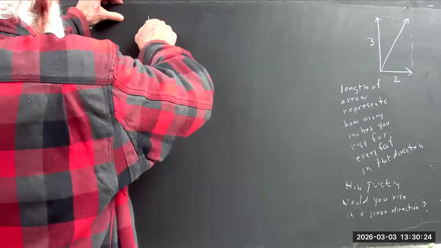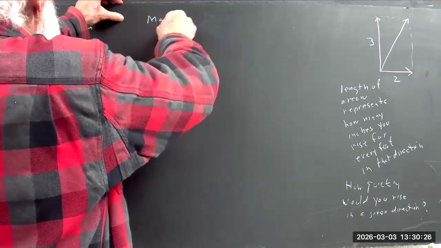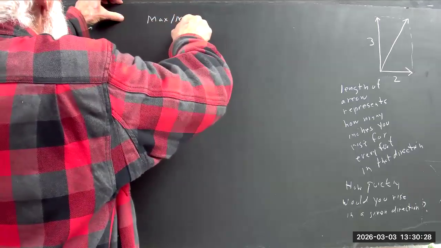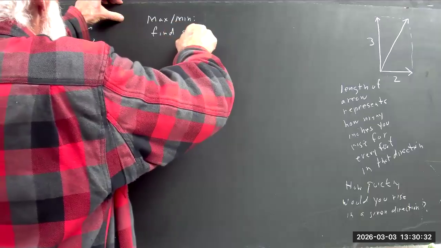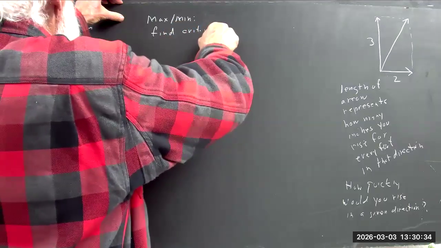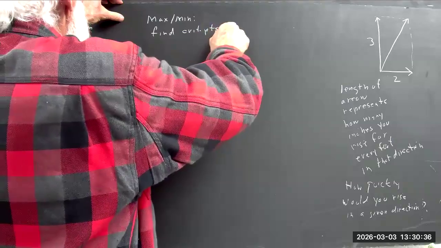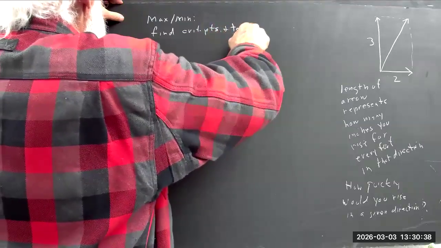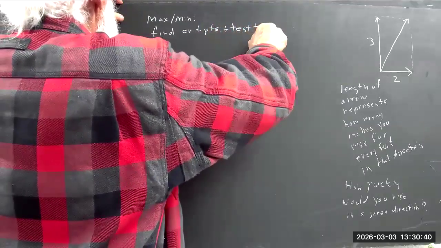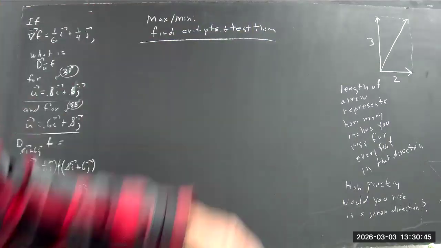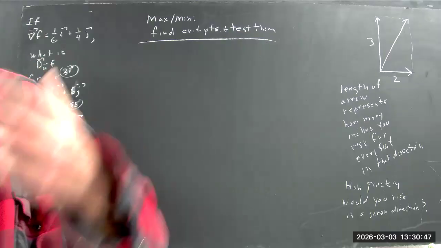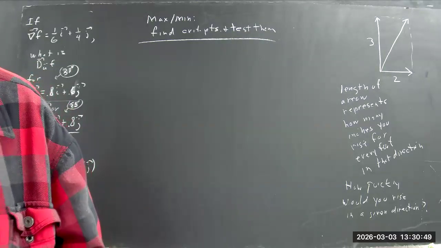So for any max min, first idea to find relative maximum and minimum is you find the critical points and test them.